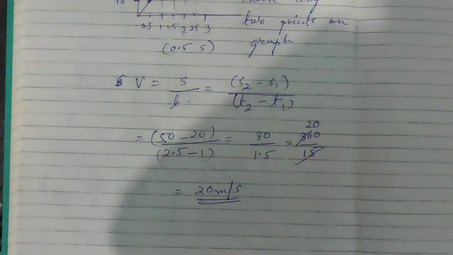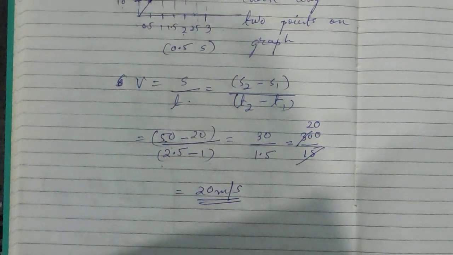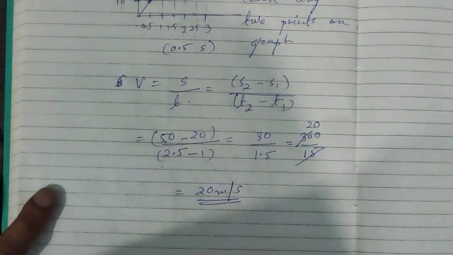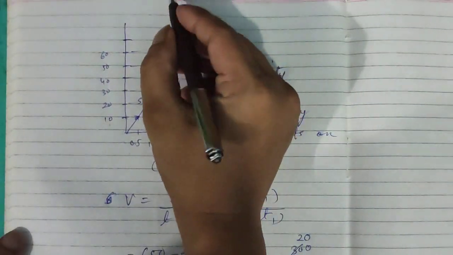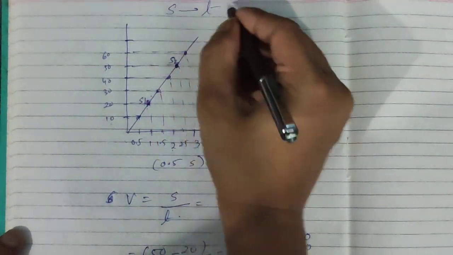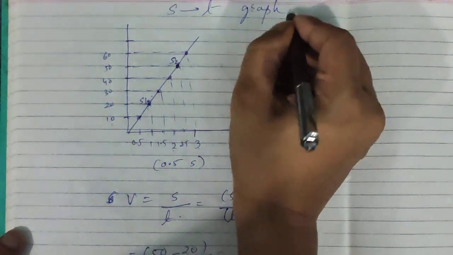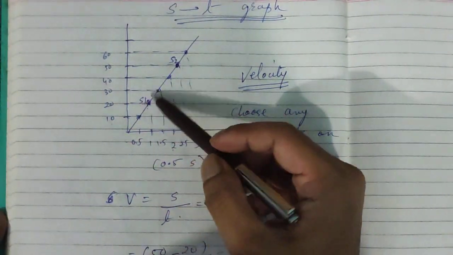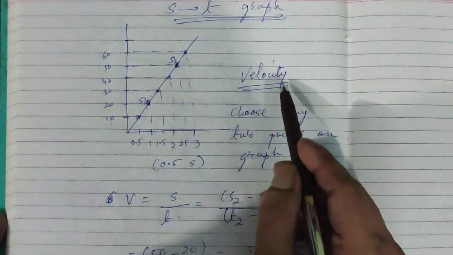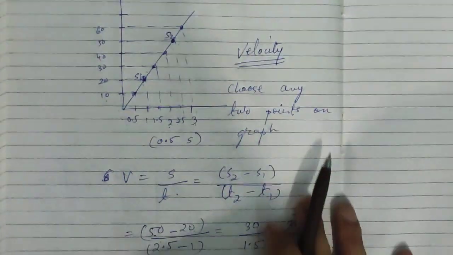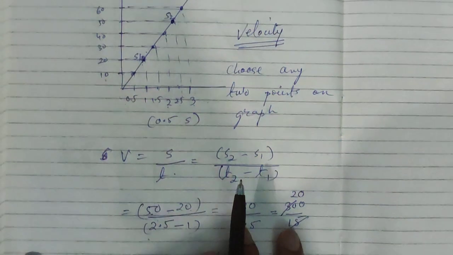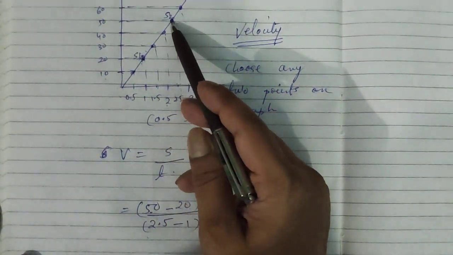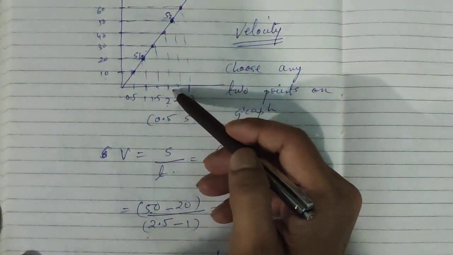This is how you are supposed to solve or find the velocity of an object which is in uniform motion using a distance time graph or displacement time graph. If the object is in uniform motion, then you can find the velocity by choosing any 2 points on the graph given, and for those points, you can choose the respective time.